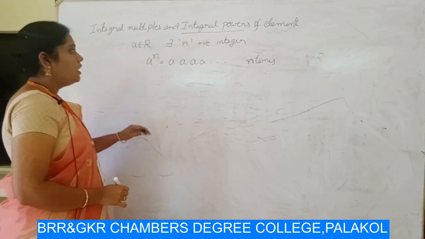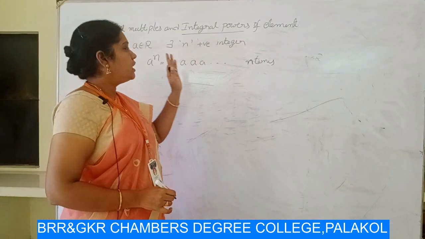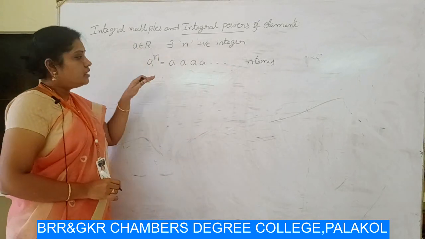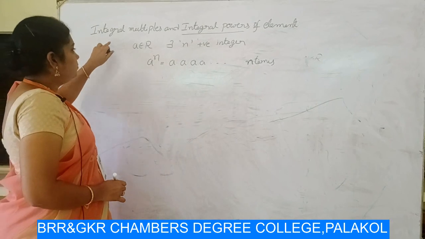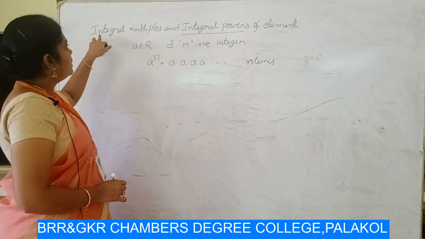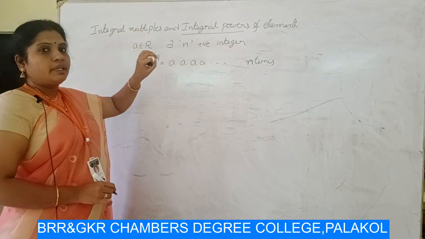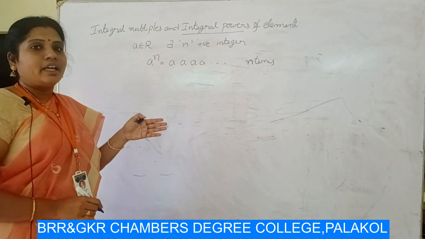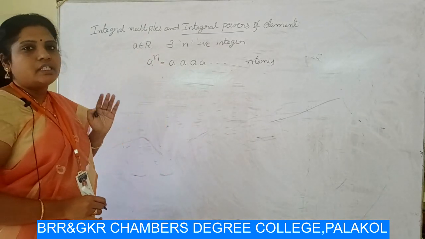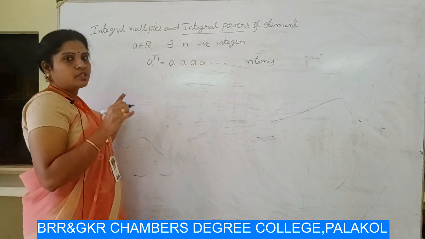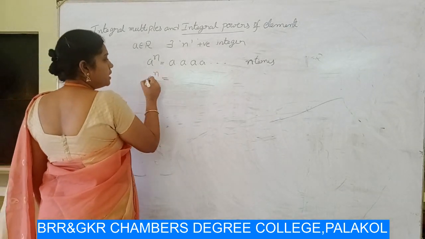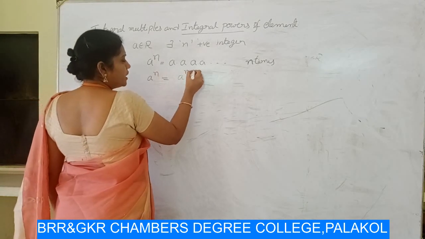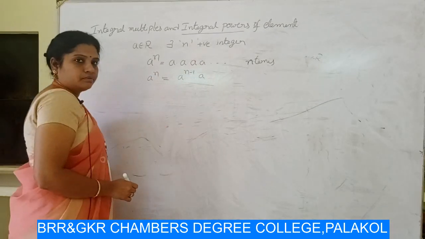Here we multiply a n times, it can be written as a power n. That is the integral power of an element in a ring R. Before, the definition of integral multiples of an element is, we can add a m times, that is denoted as ma. And also we write a power n is a power minus n into a.